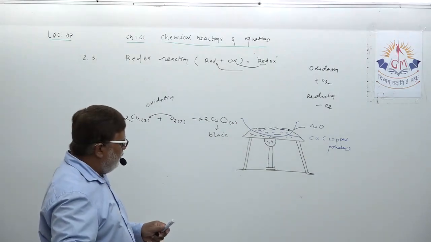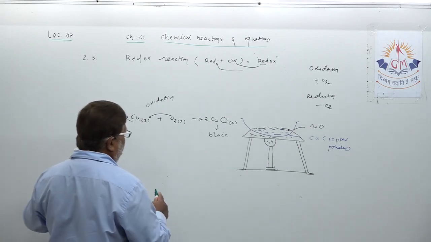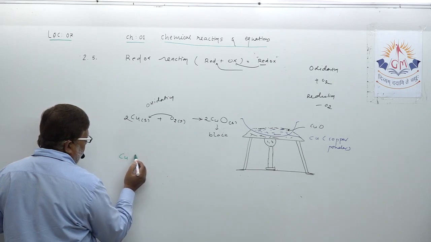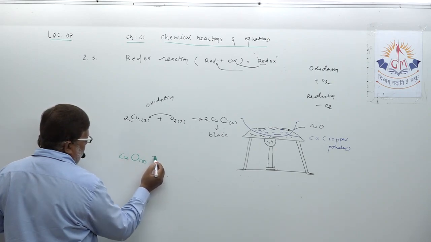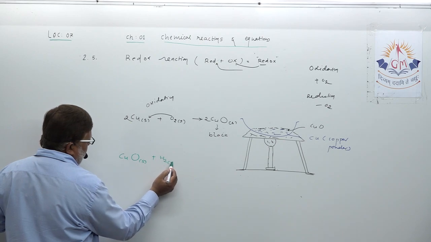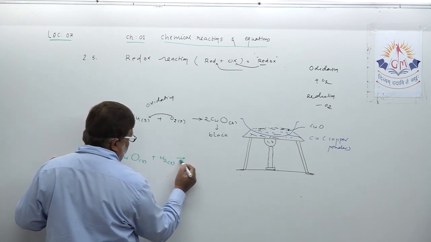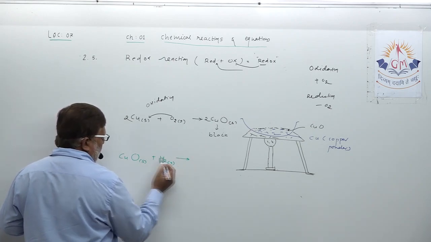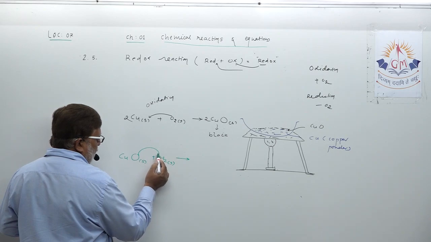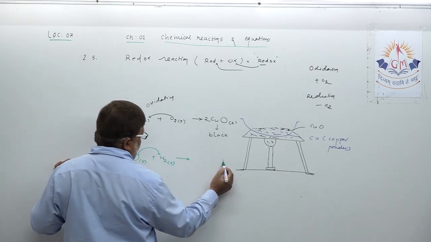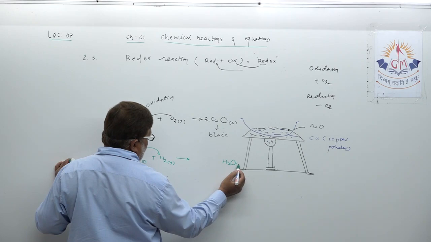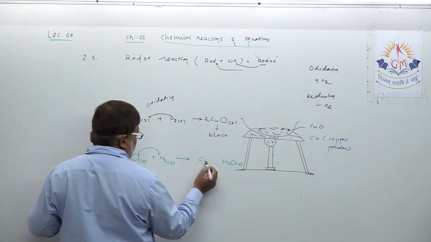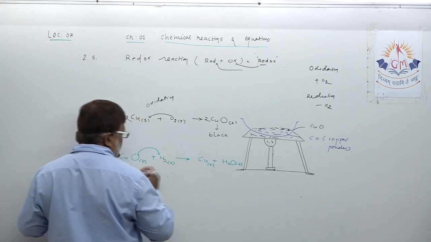Why does such a reaction take place? Try to understand. Copper oxide, CuO, reacts with hydrogen. Within a short period of time, you will see the reaction where oxygen is removed from copper and it adds to hydrogen, so hydrogen becomes H2O. And this copper is now just copper because oxygen is removed.